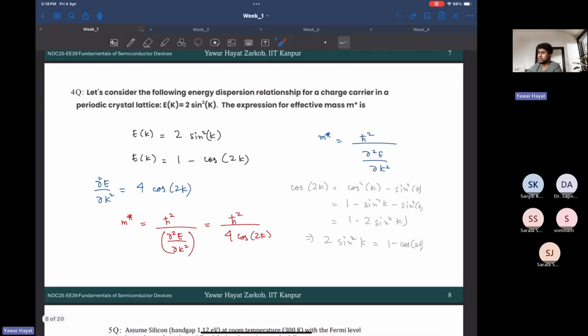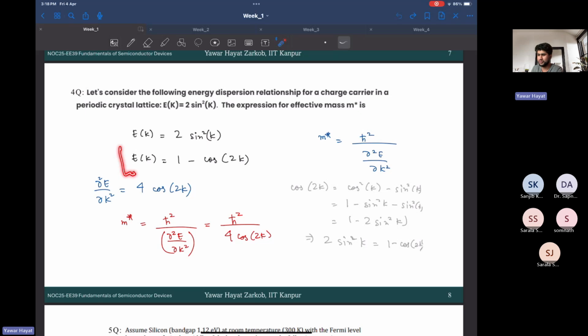Question number four stated: consider the following energy dispersion relation for a charge carrier in a periodic crystal lattice. E of k is equal to 2 sine square of k. The expression for the effective mass m star, we were given the E-K relation.